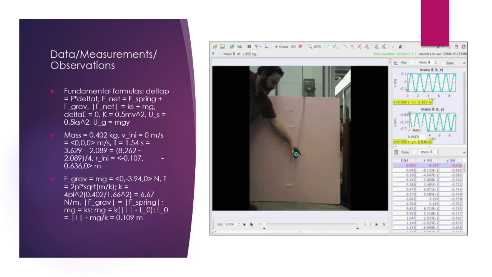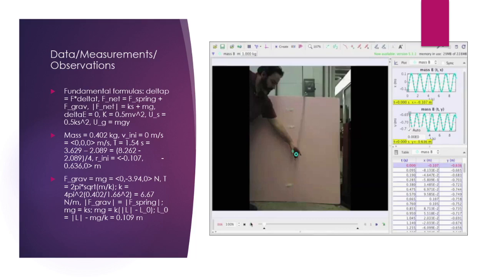So, the fundamental formulas for this lab were delta P is equal to F times delta T, F net is equal to F spring plus F grav, the magnitude of F net is equal to K times S plus mass times gravity.